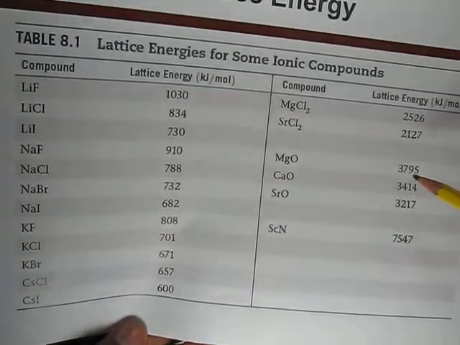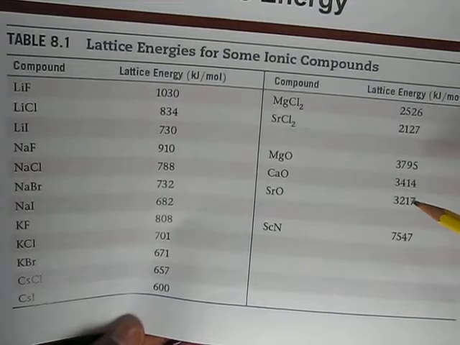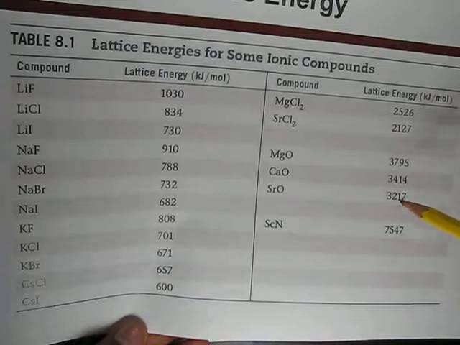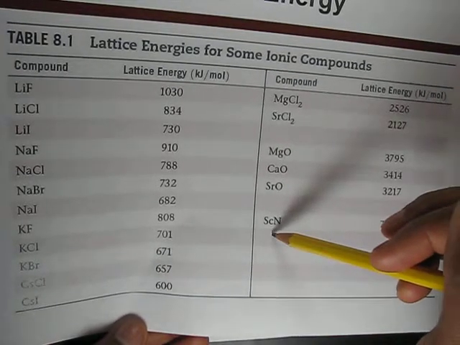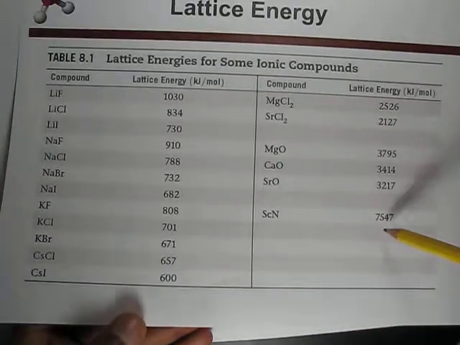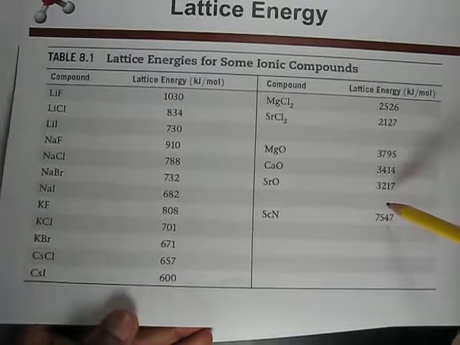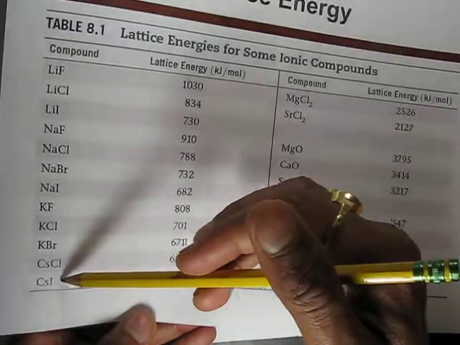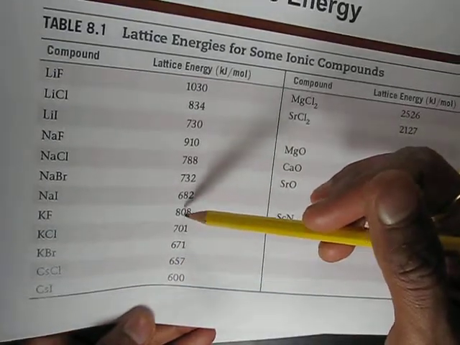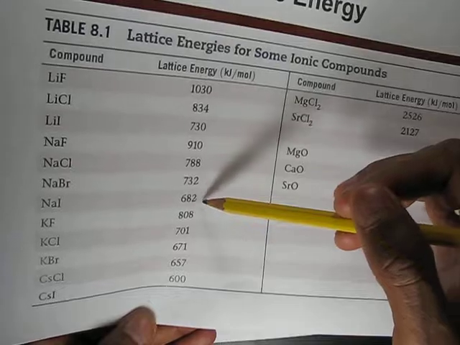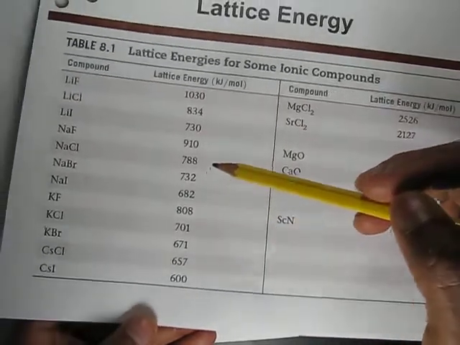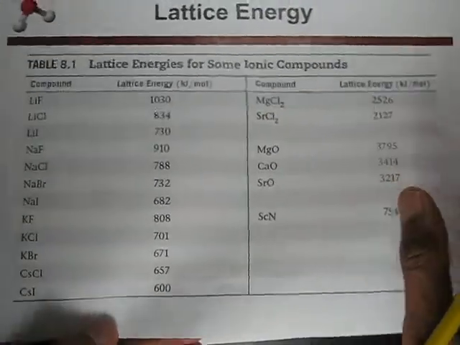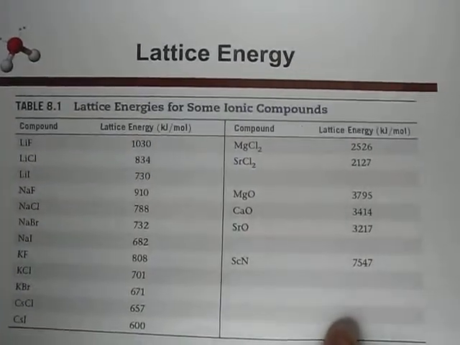Magnesium oxide looks like it has one of the highest lattice energies, and scandium nitride is about 7000, which is really high. The lowest one is sodium iodide.